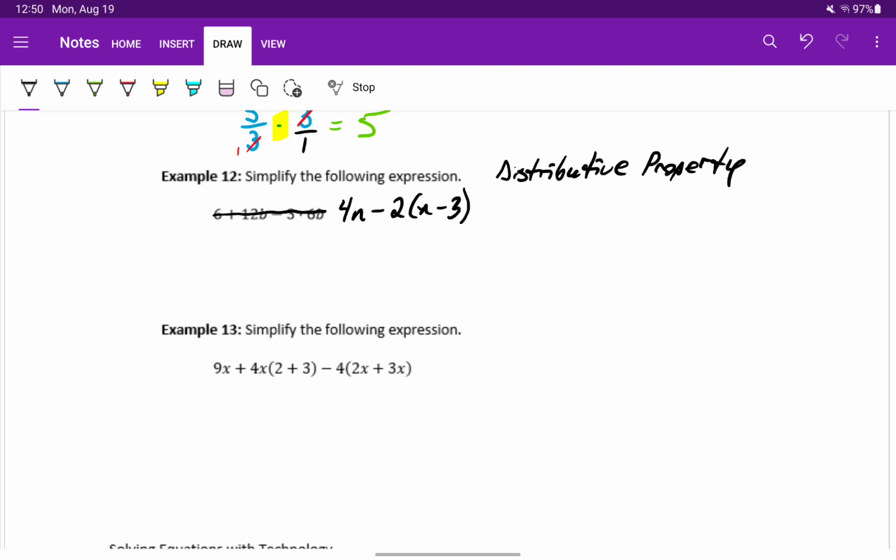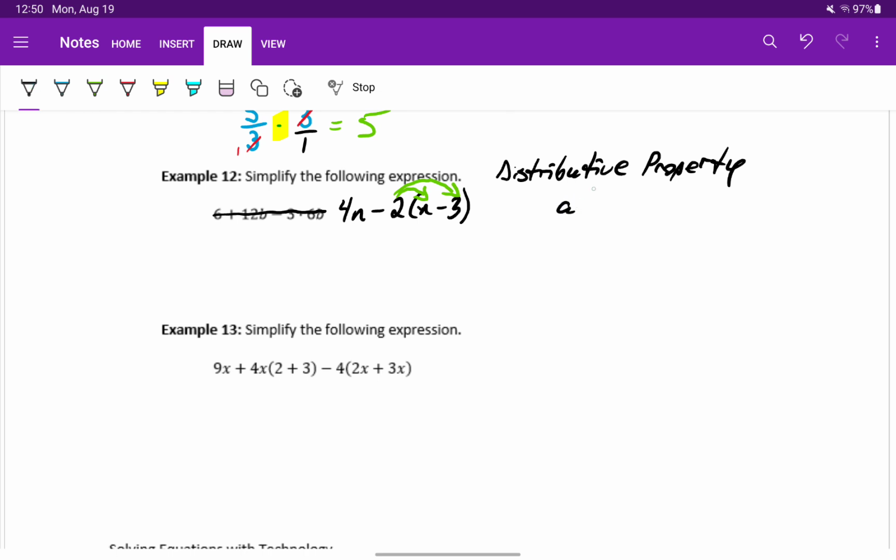When we look at that expression inside the parentheses, we have n minus 3. Those aren't like terms, so there's nothing we can simplify or combine in those parentheses. But what we can do is take that 2 out front, or actually a negative 2 in this case, and distribute it through that set of parentheses.